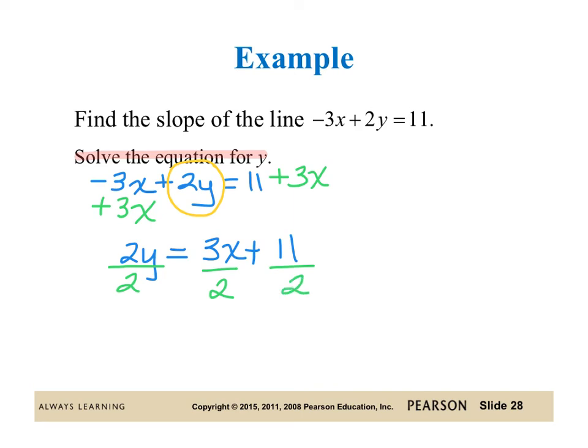And that's going to leave me with y equals 3 over 2 times x plus 11 over 2. Or if you want to change that to 5.5, you can do that. And that tells me that the slope of that line is 3 over 2.